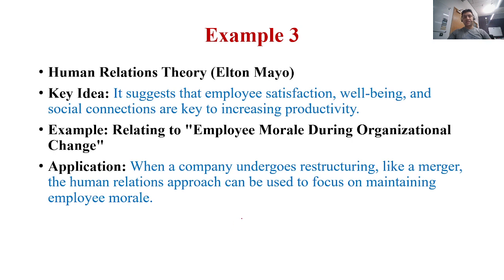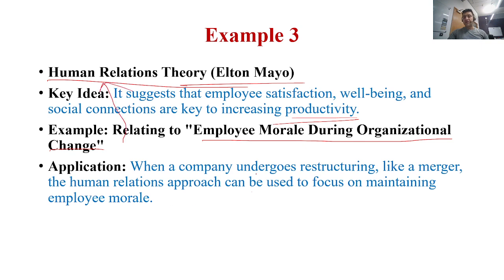And let's just go to another example. For example, this human relation theory. This says that employees' satisfaction, well being, and social connections are key to increasing productivity in organizations. So, if we want to know something related to how employees face or go through some organizational change, we will use this human relation theory.